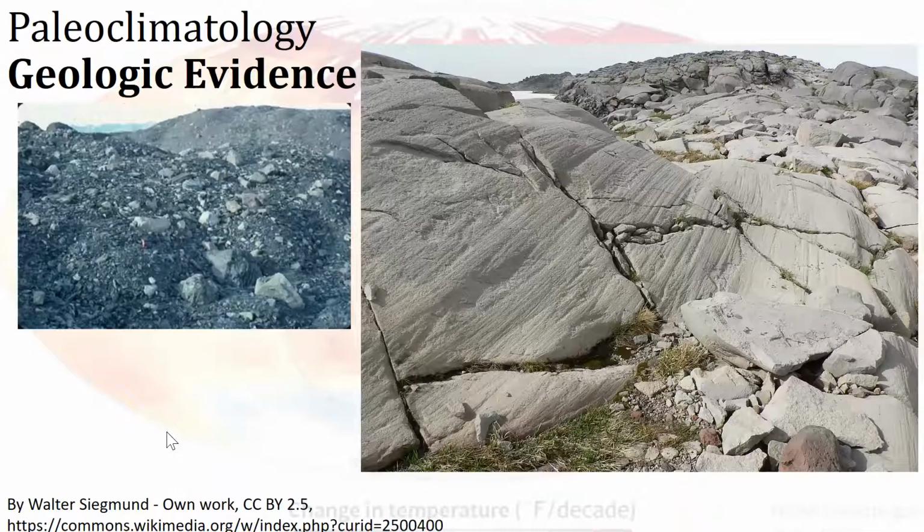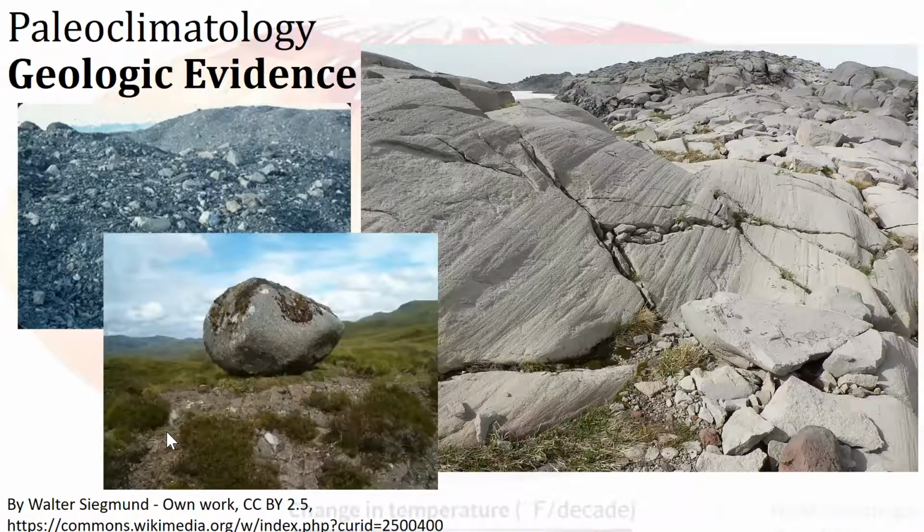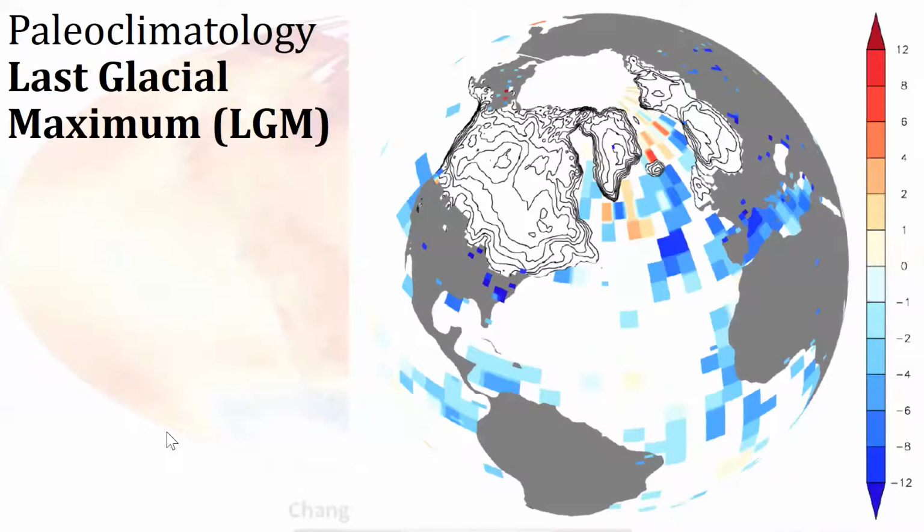And we see this evidence worldwide. These debris fields from glaciers, massive boulders in the middle of fields, right? Things that simply couldn't be put there except by massive forces like glaciers. And so we have this evidence on the physical landscape. It doesn't take a lot of imagination to start to put that together and paint a picture of the last glacial maximum, right?